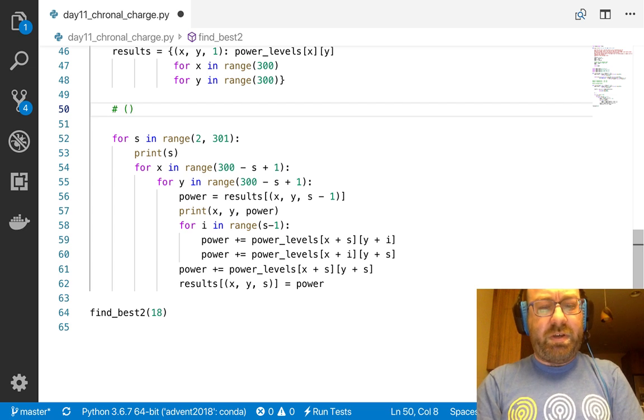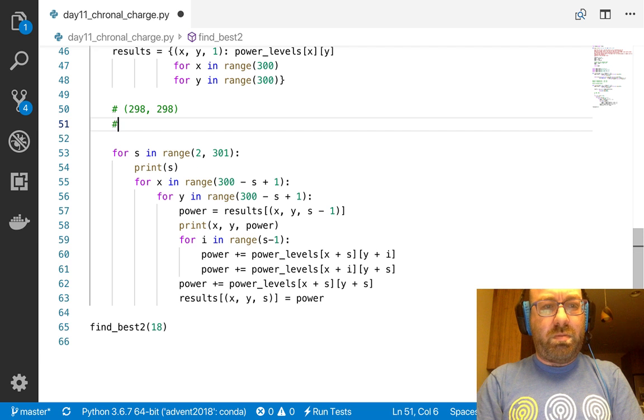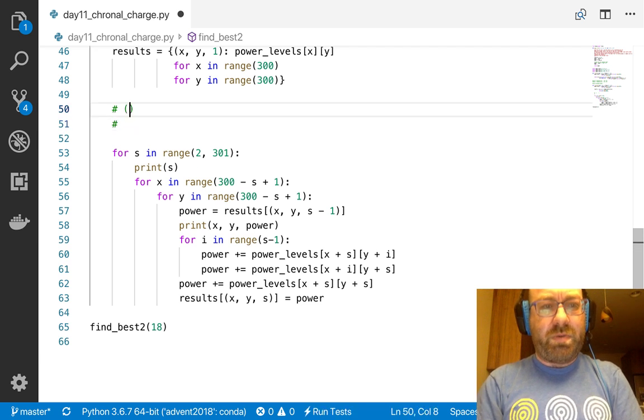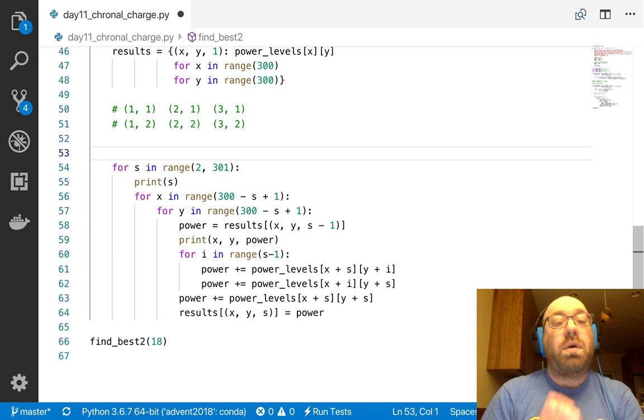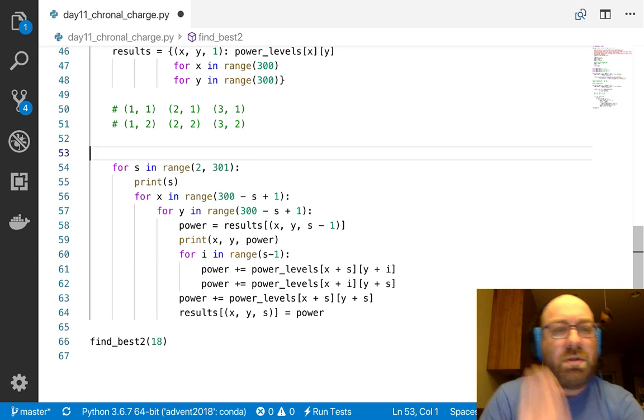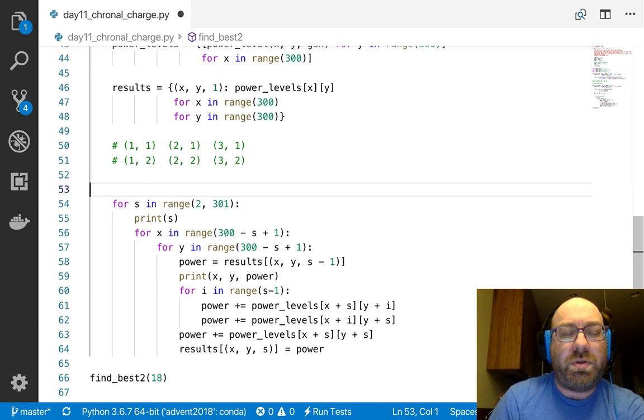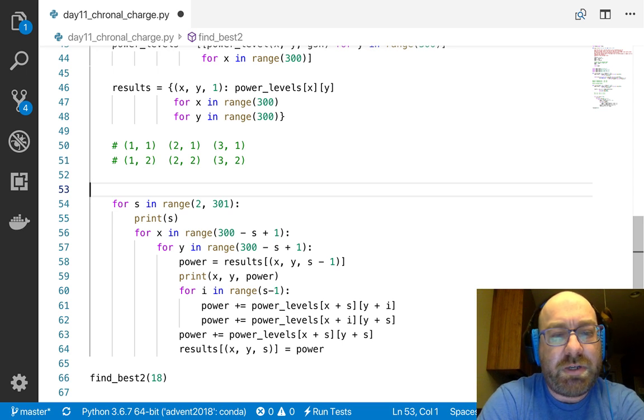Okay, so like I have 298, 298, and now let me just do it this way. 1, 1, 2, 1, 3, 1, 1, 2, 2, 2, 3, 2. And so I've already got 1, 1, 1. So now I want to do 4x in range.